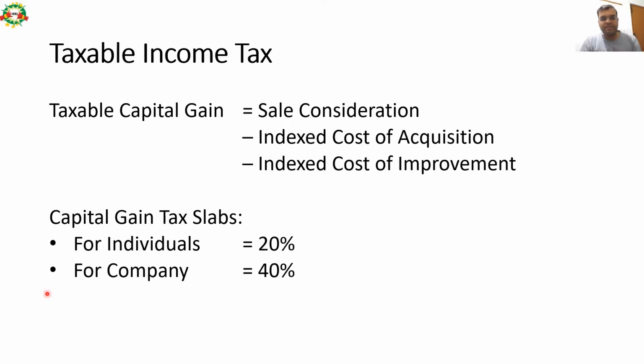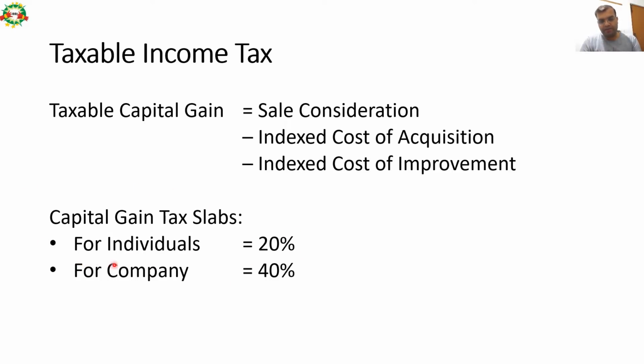And capital gain tax slab, normally it is given in the question. However, if it is not given, the examiner may tell you that Mr. X purchased the property and sold the property and he is an individual. So we have to use the 20% rate for capital gain tax.